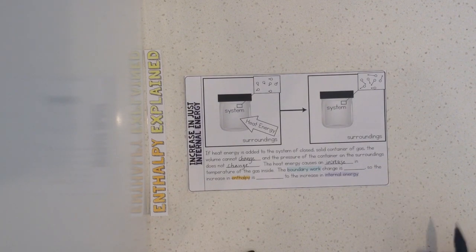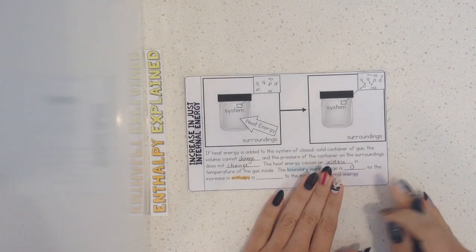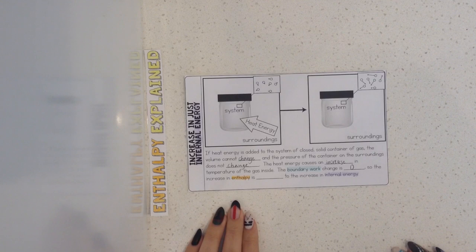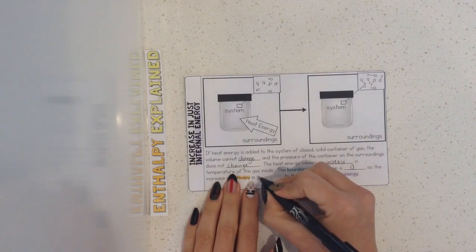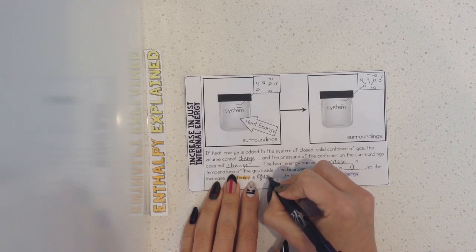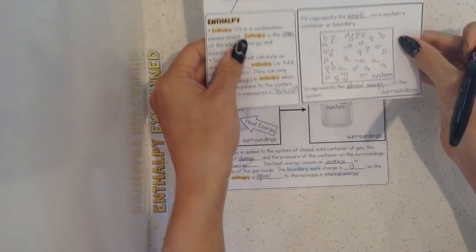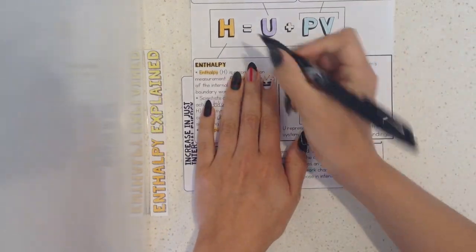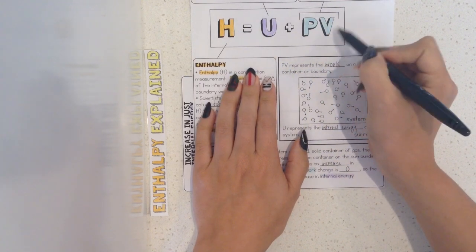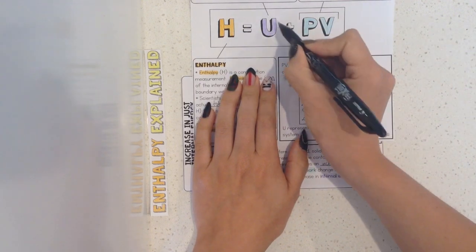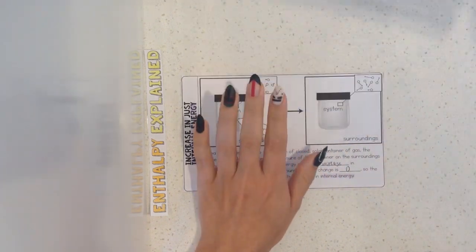The boundary work change is 0. No change in volume. So the increase in enthalpy is equal to the increase in internal energy. If we look at our formula, enthalpy is equal to internal energy plus PV. So if PV doesn't change, the only thing that's changing is internal energy. If that increases, enthalpy increases.